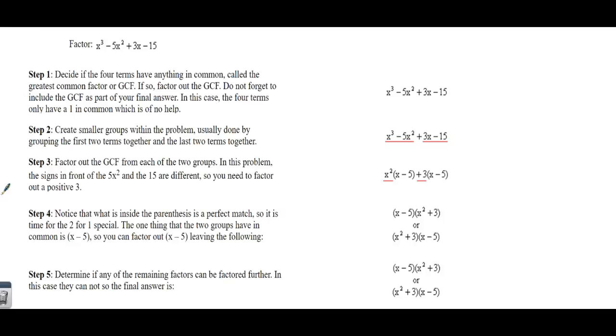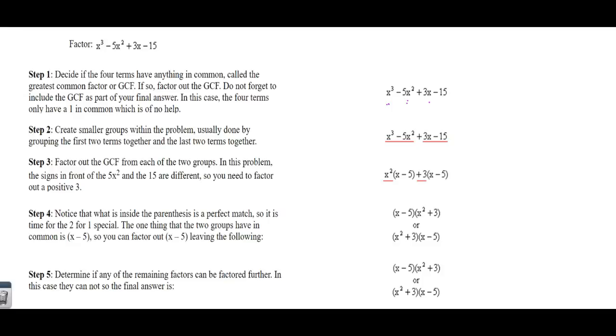So x cubed and x squared and 3x, they do have x in common, but the 15 does not. So usually we like to arrange terms from the greatest power to the least power. That will help us group them easier.